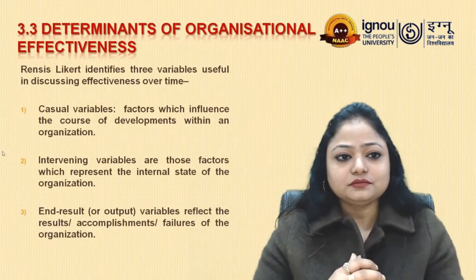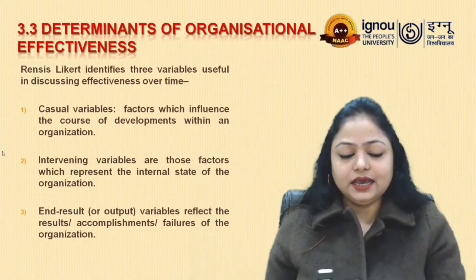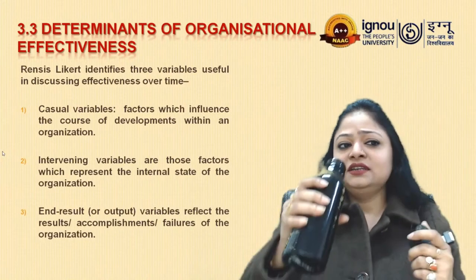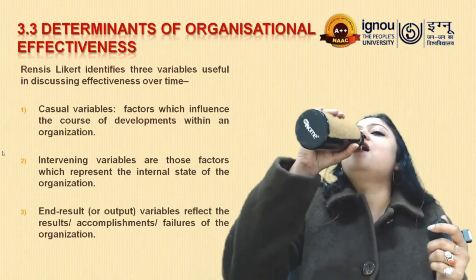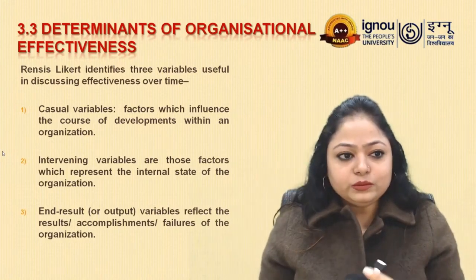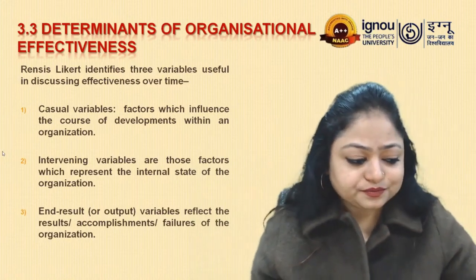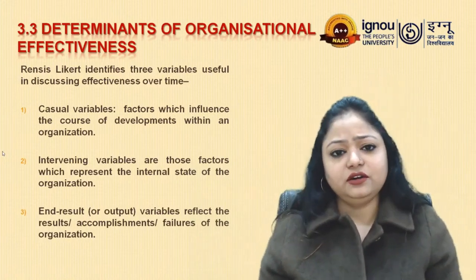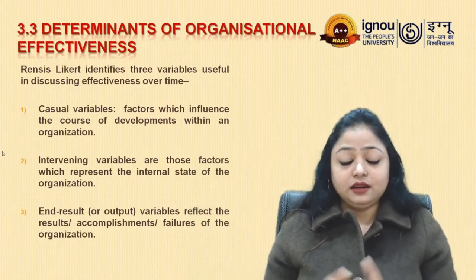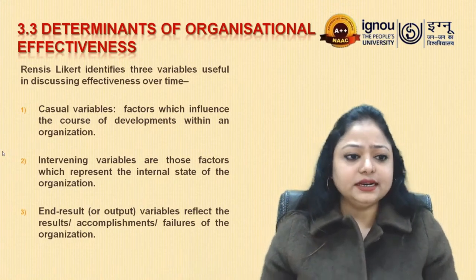Now the other section of this entire unit is determinants of organizational effectiveness. So Likert is a very renowned researcher in the field of psychological research, behavioral research, and overall management studies.